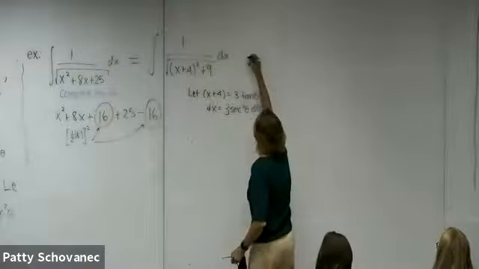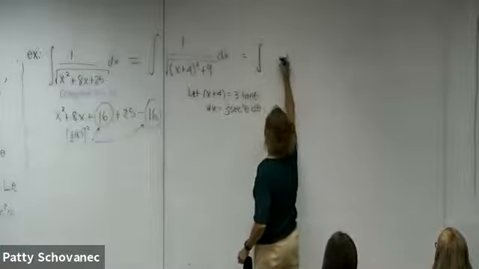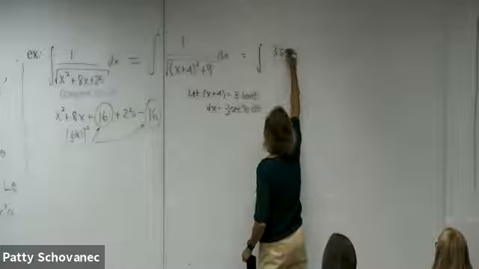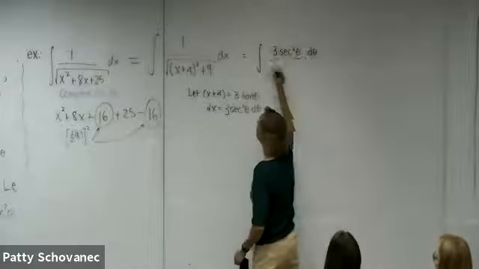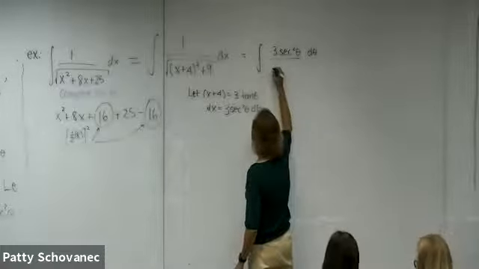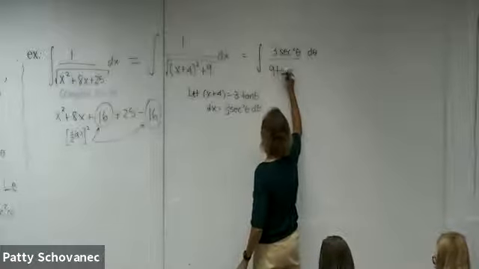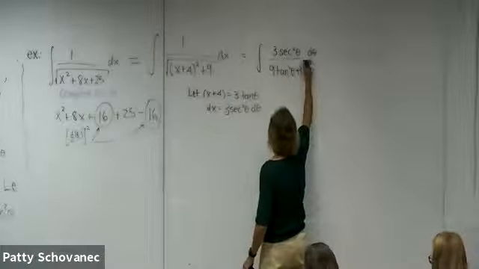Let's see here. dx is 3 secant squared theta d theta. x plus 4 is 3 tan theta, so when I square that, I get 9 tan squared theta plus 9.